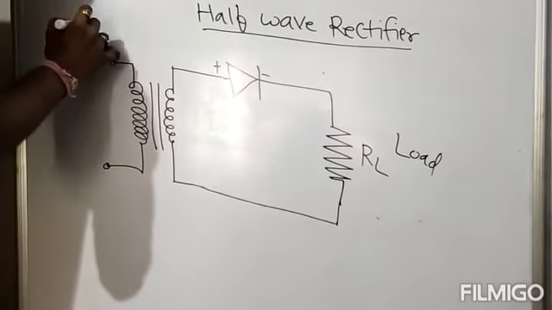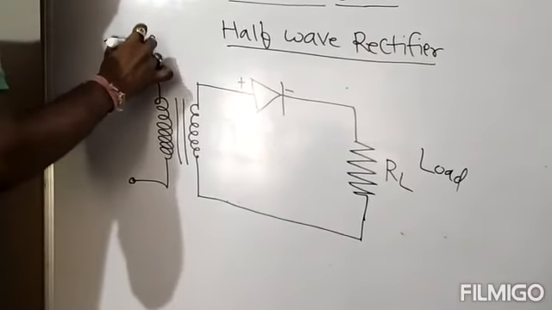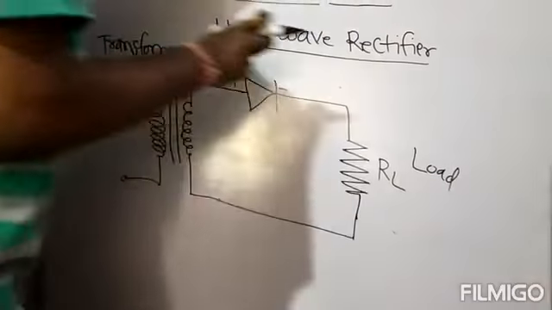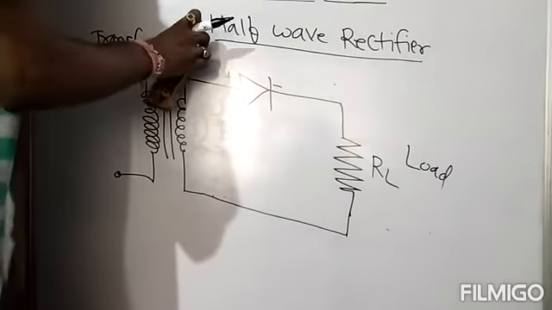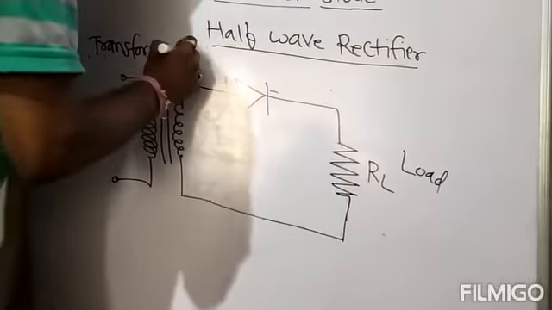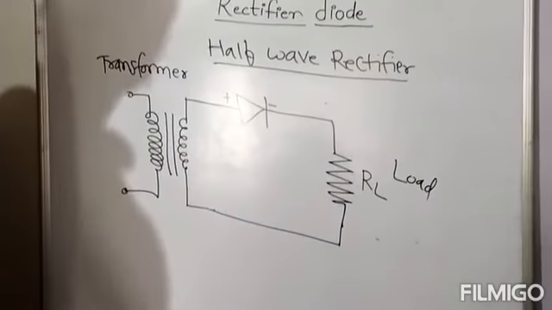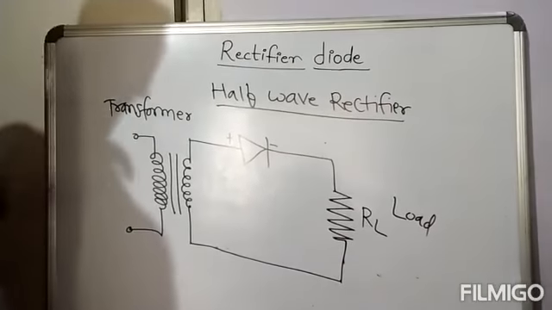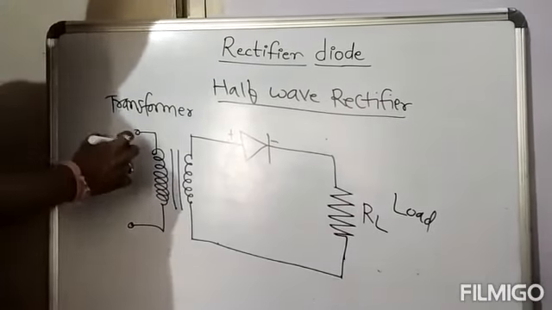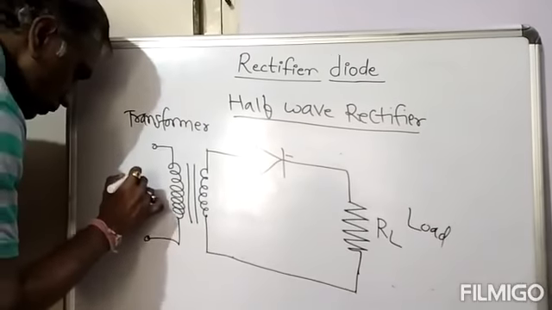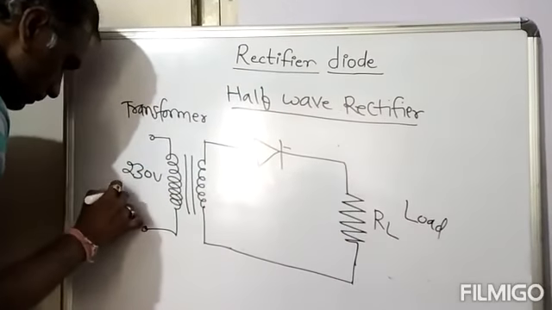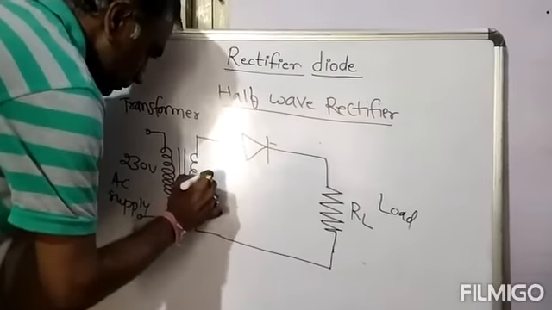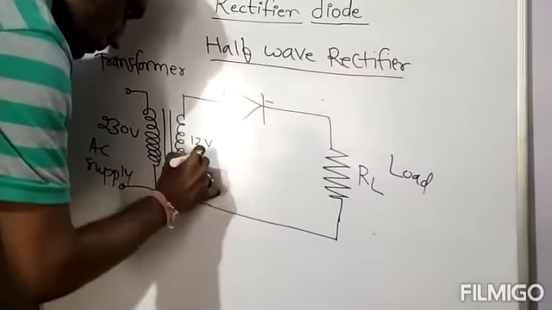This is a transformer. I have already explained the transformer. It is an AC component. It takes an AC supply and gives AC only. So this is 230 volt AC, and suppose this is 12 volt AC.